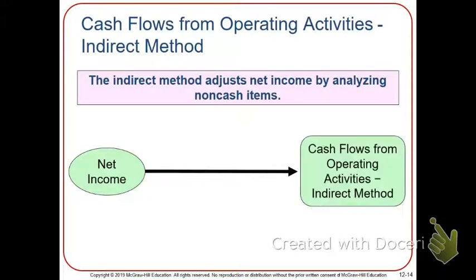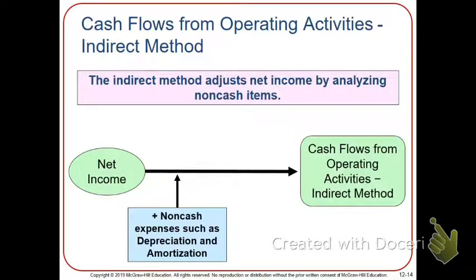All right, so the first thing we're going to do is start with net income, and then we're going to add in what we call our non-cash items. We have 2 non-cash items. Those non-cash items are depreciation and amortization. And what I mean by that is depreciation is never, and I don't use that word very often, never going to have cash.